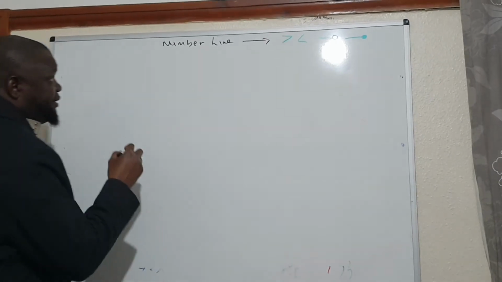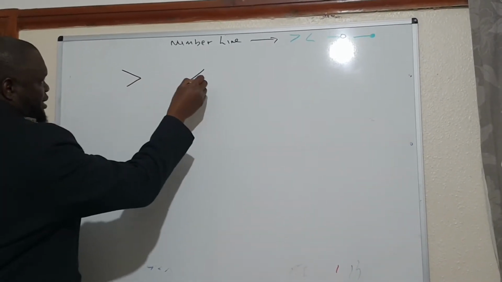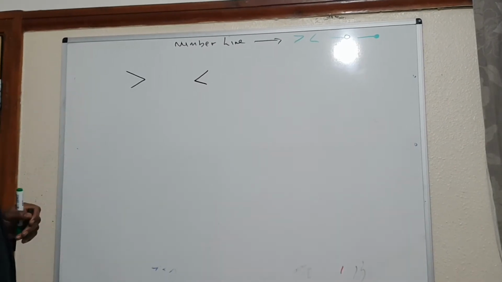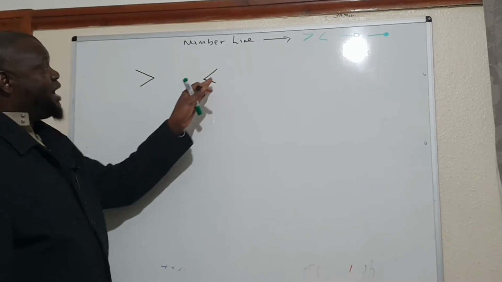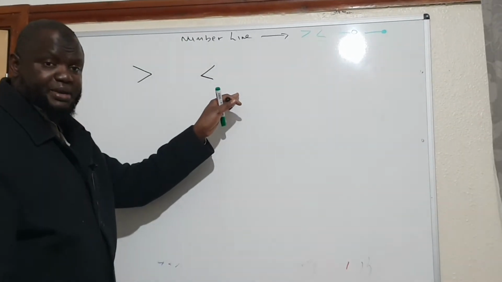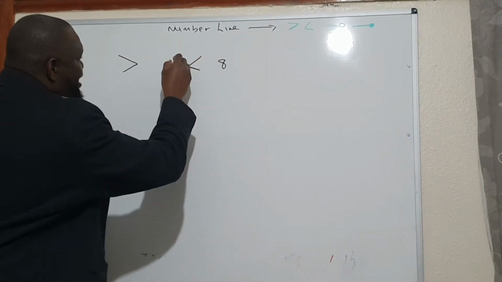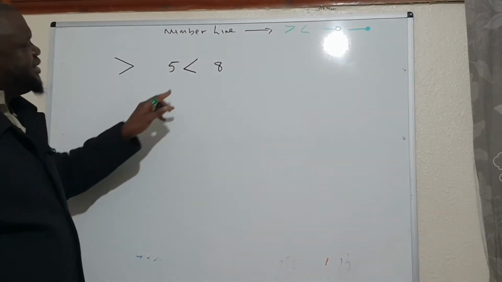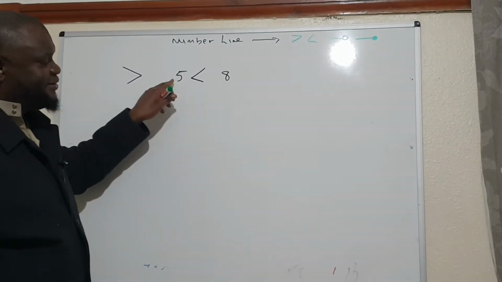Two symbols, that one and that one. It can confuse students. But basically, the open mouth points to the bigger number. So when you have 8 and 5, this means 5 is less than 8. This means 8 is bigger than 5.